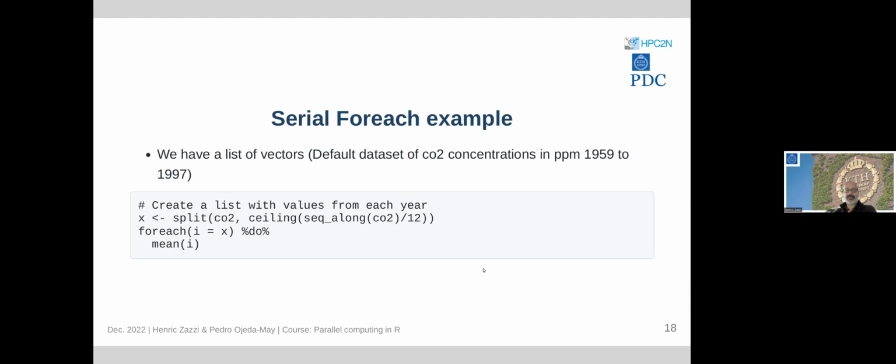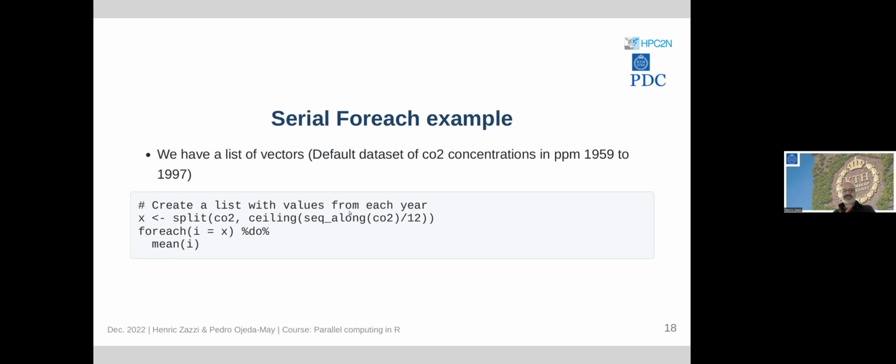Here is an example which I showed you yesterday, and it's the default data set of CO2 concentration in parts per million from 59 to 97. And I create a list of values for each year, like I did before with X, and then I run foreach i equals X, which is my list, and then I write %do% mean(y, i).